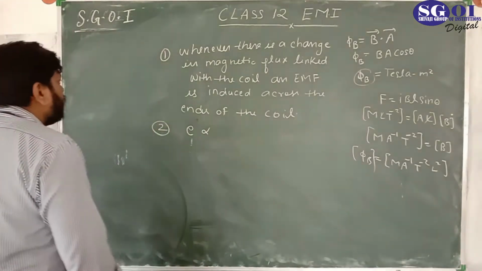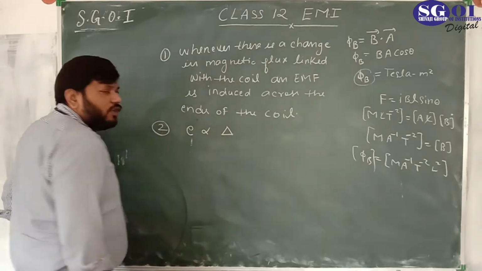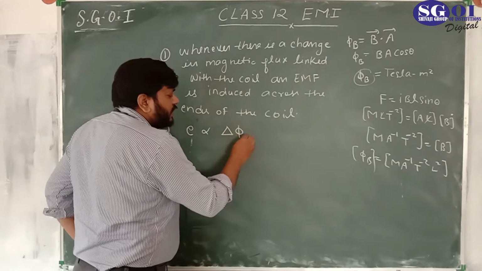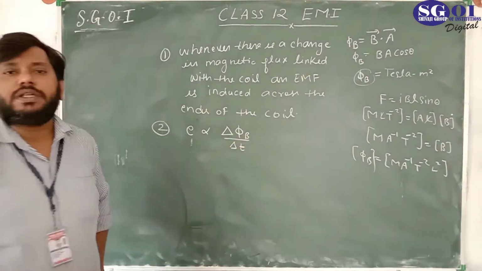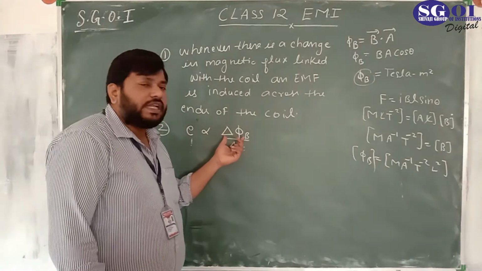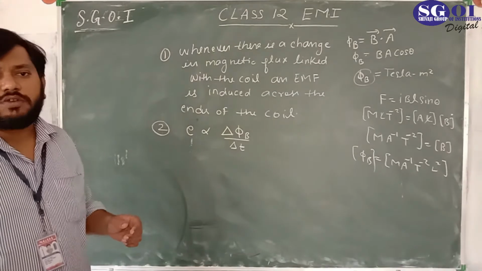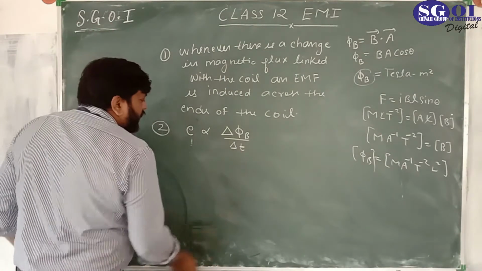We know that for representing change we use the operator delta. So the change in flux is delta phi B, and for rate it is delta t. In delta t time interval, the change in flux is delta phi B, and it is directly proportional to the EMF induced across the ends of the coil. So we can say E is proportional to delta phi B upon delta t.